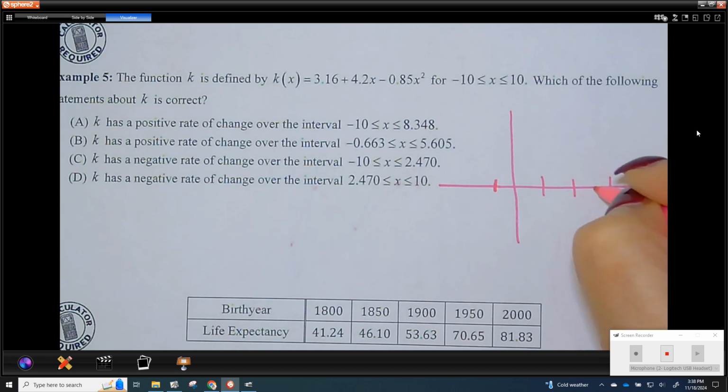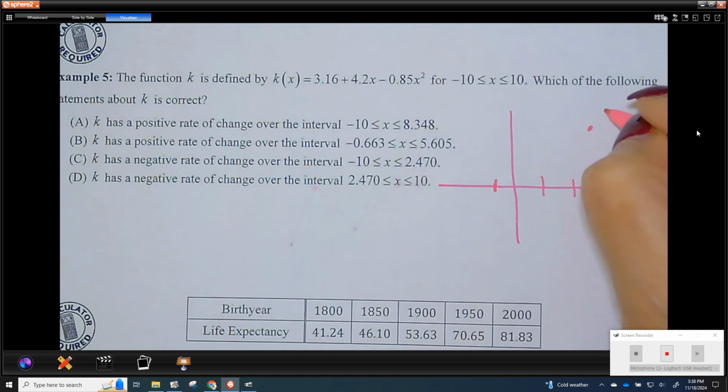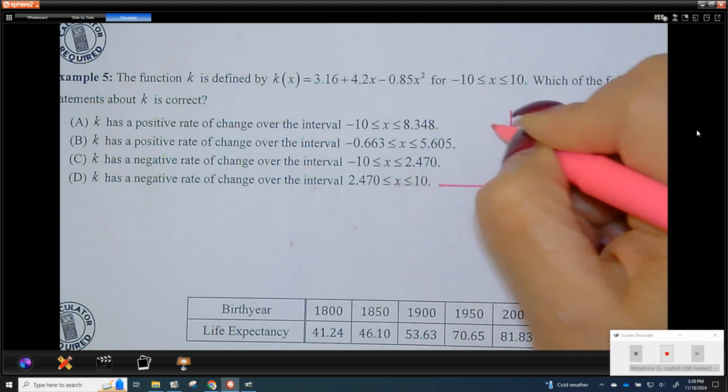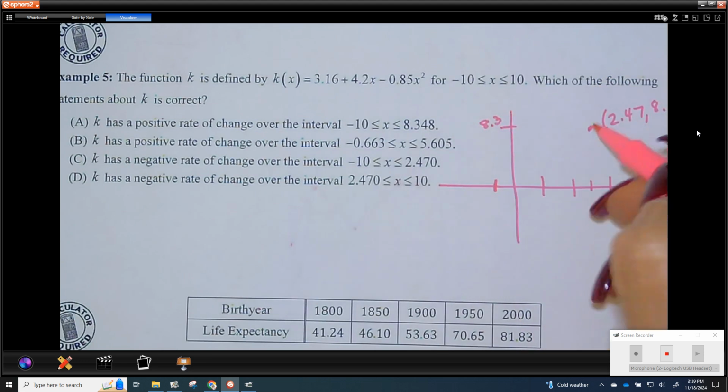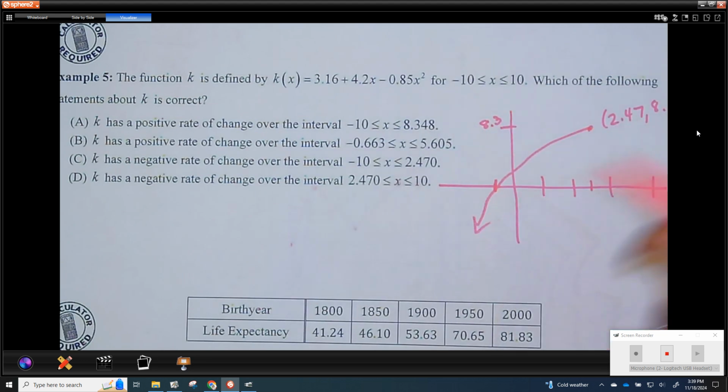This is about 2.47, the vertex, 8.3. So this is 8.3. And so it goes, there's a 0 there, and then there's a 0 at about 6. Okay.